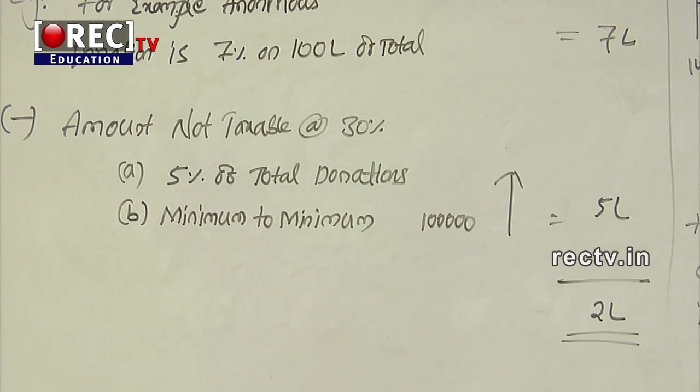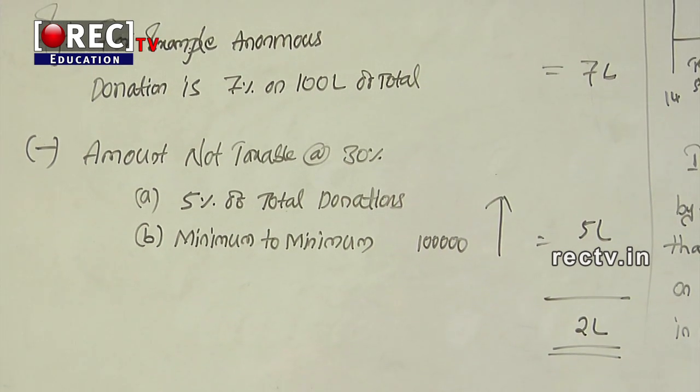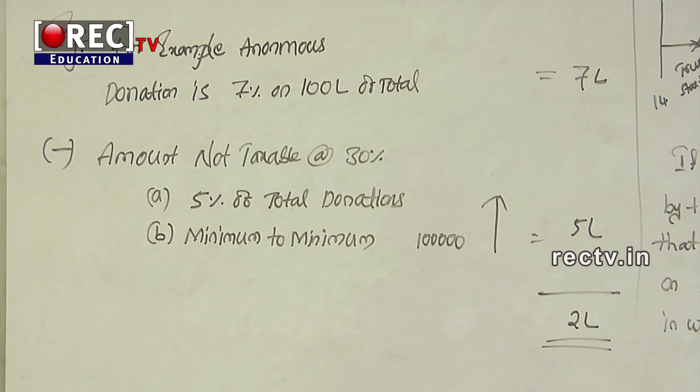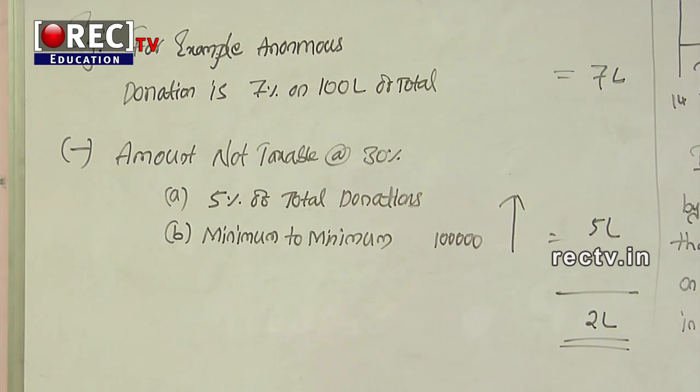And there is a note: the amount of anonymous donation which is not taxable at the rate of 30% should form part of source of income. We saw in the example that we have included the amount which is not taxable at the rate of 30% as an anonymous donation.